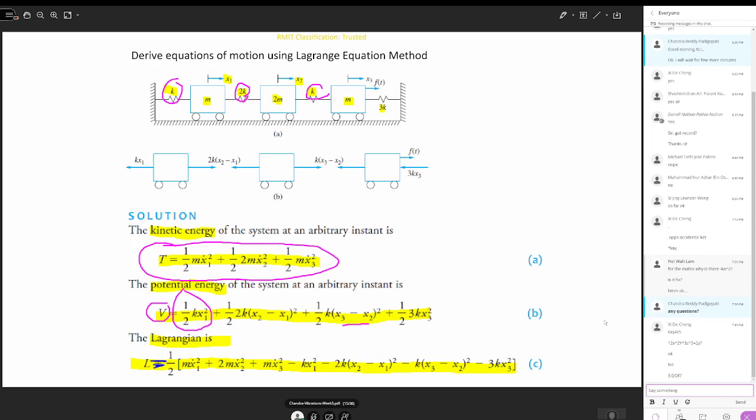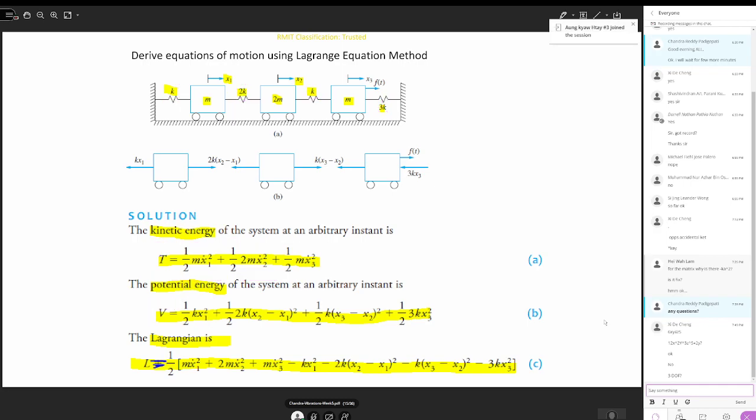Plus for the last spring 3k, half 3k into the displacement x3 square. So the total potential energy for the system you can write as equation B.